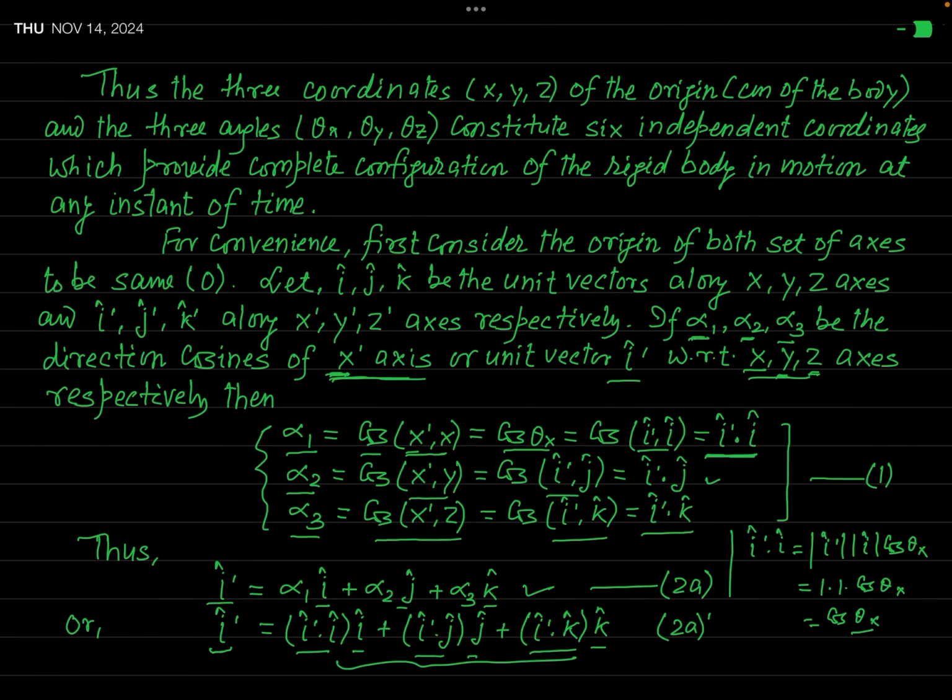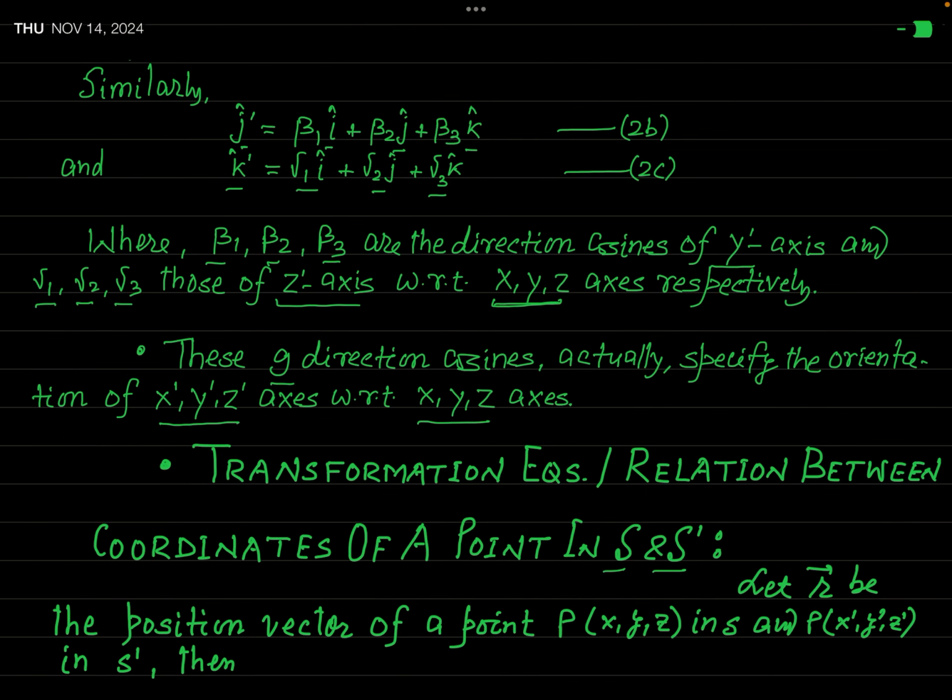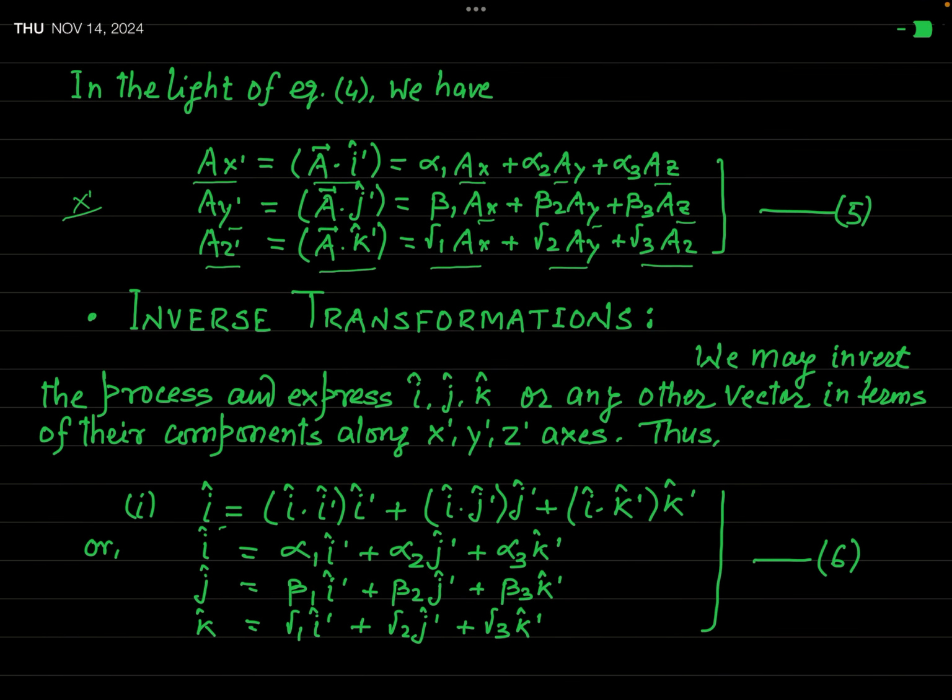So if your aim is now to find I, you have to replace I by I prime and I prime by I. You will get the result. So in this way we can obtain the inverse of all these equations. So I can be written as I dot I prime times I prime plus I dot J prime times J prime plus I dot K prime times K prime.